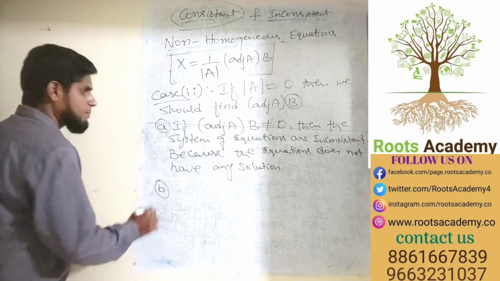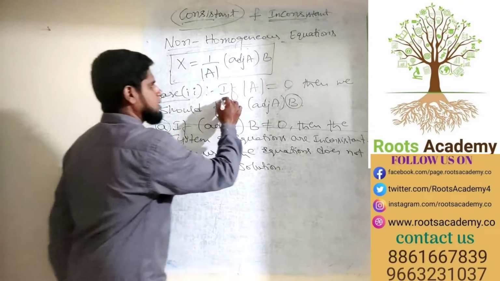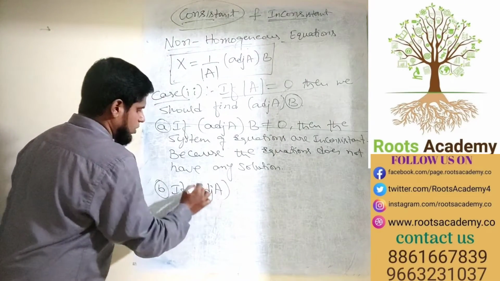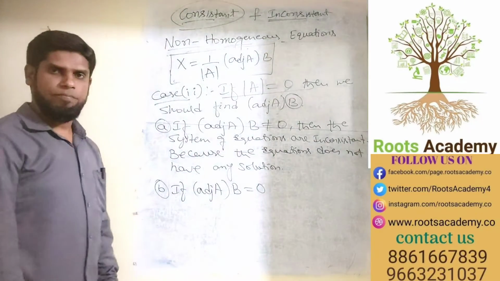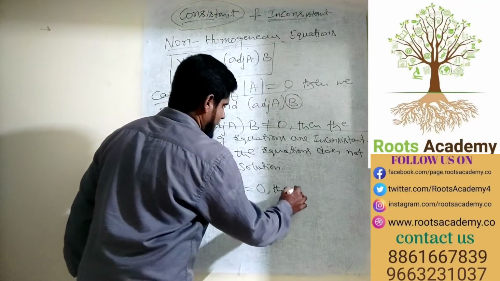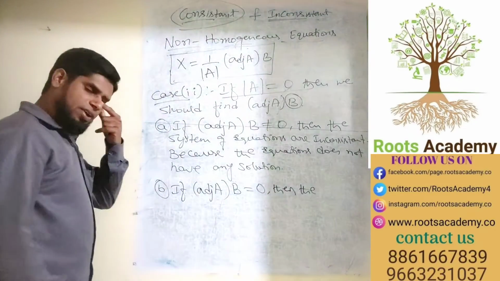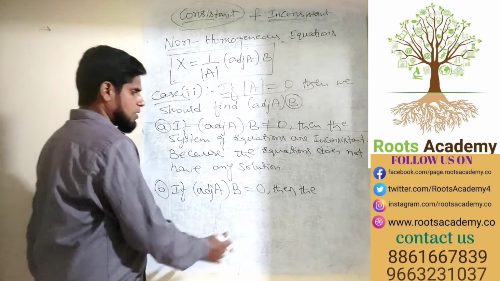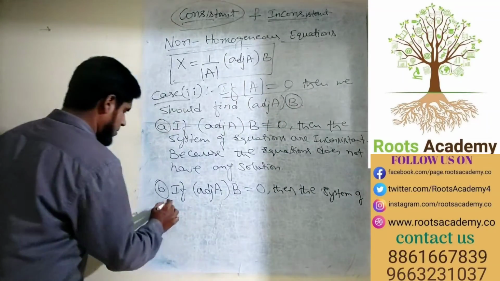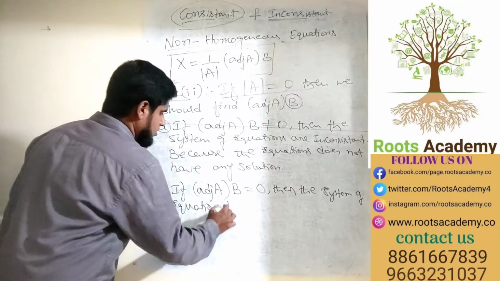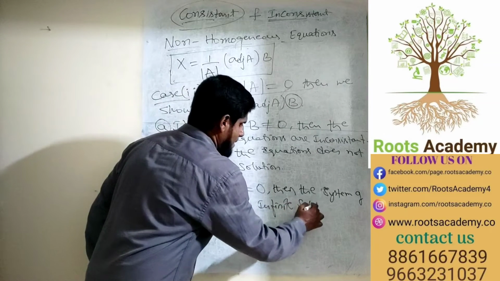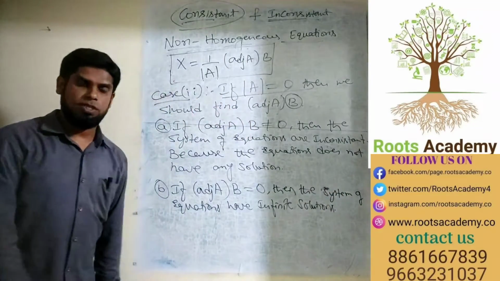Next point, with the same case, the second case: if adjoint A into B is equal to 0, meaning the numerator part is also equal to 0, then the system of equations has infinite solutions.